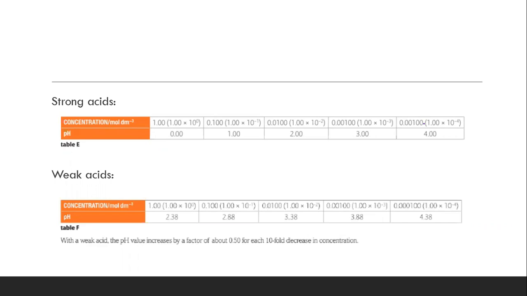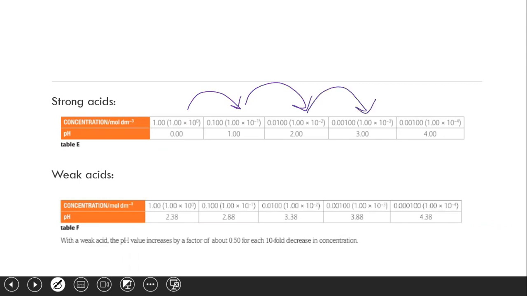So as you can see, in each situation, the acid has been diluted, right? Over here, I have diluted my acid and I have further diluted the acid. I am diluting my acid further and further, right? What you will notice is that the pH increases by 1 unit for each 10-fold decrease in concentration.